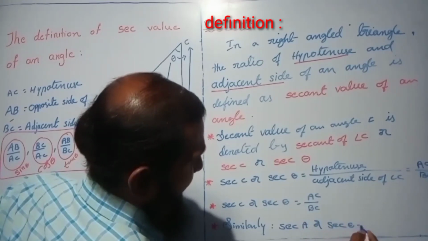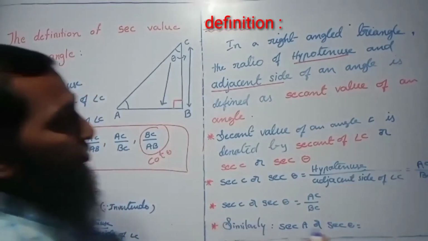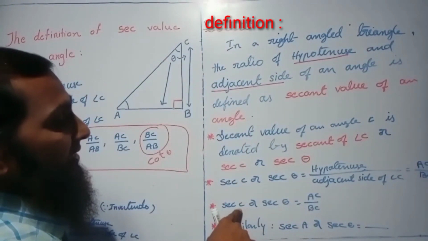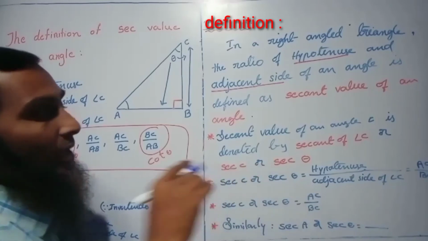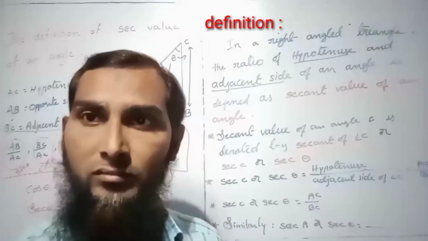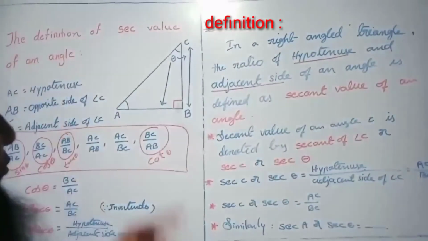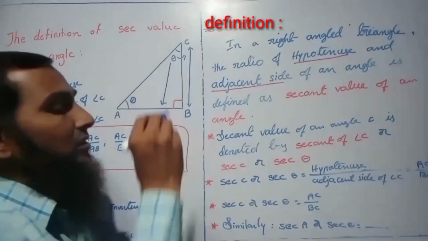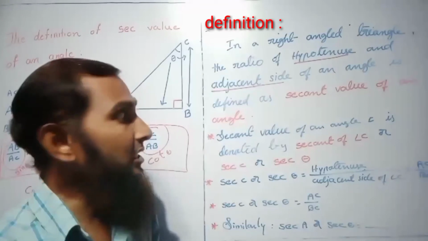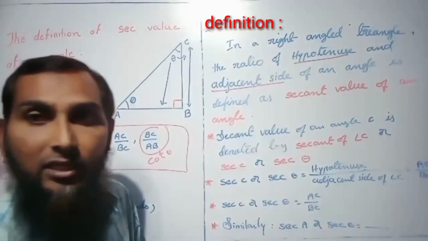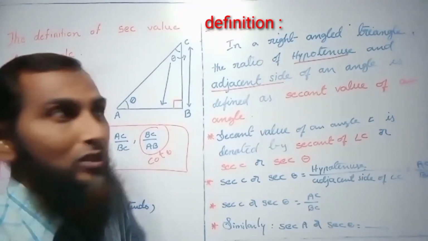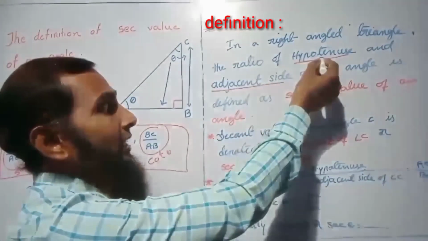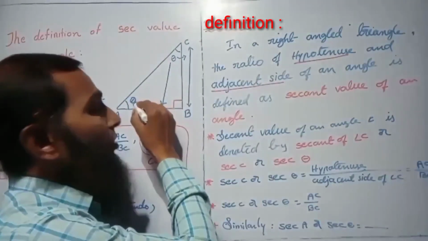We know the definition is hypotenuse by adjacent, with the hypotenuse in the numerator and the adjacent in the denominator.